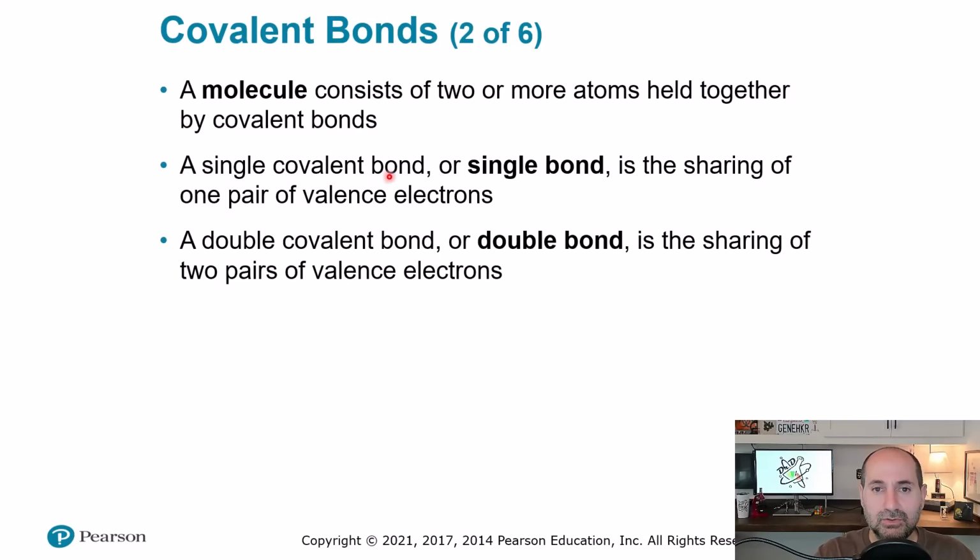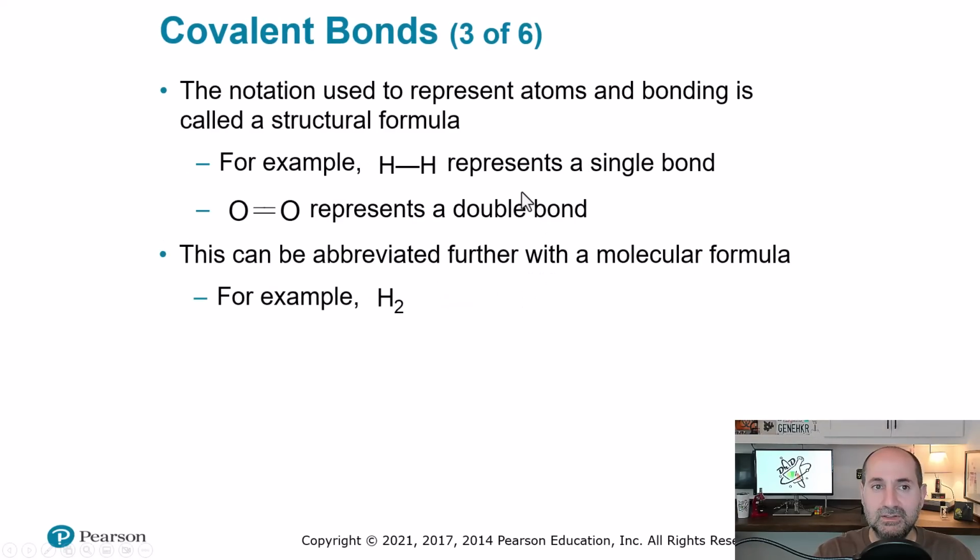Again, a single covalent bond is the sharing of just 1 pair of valence electrons. A double covalent bond is the sharing of 2 pairs of valence electrons. And do you remember the notation we used to represent atoms and bonding?